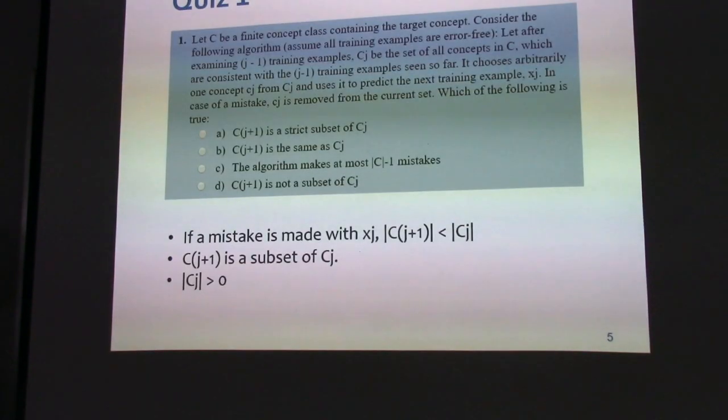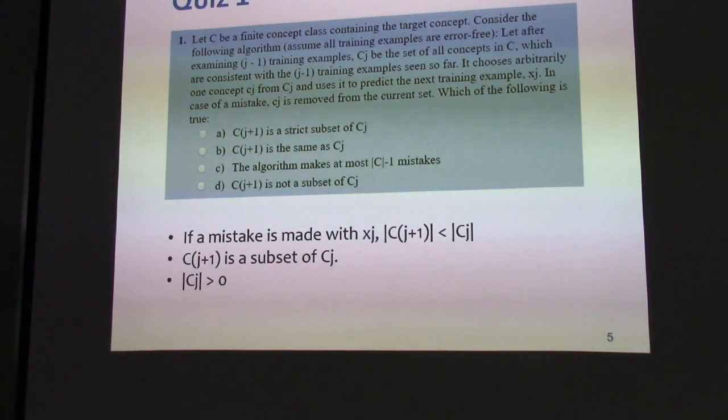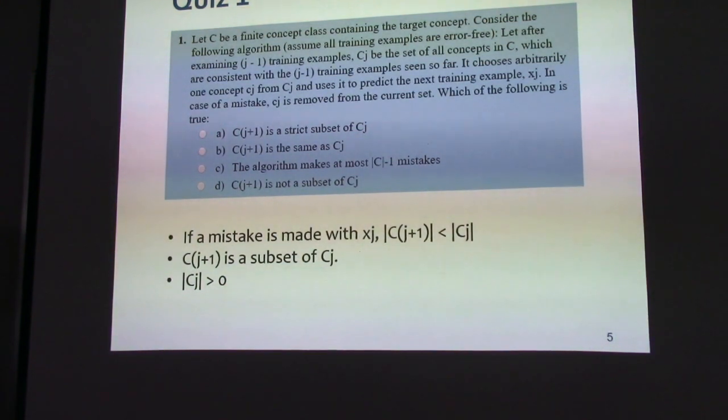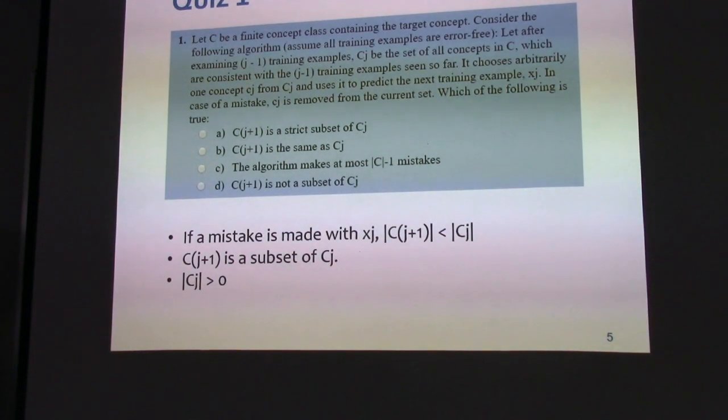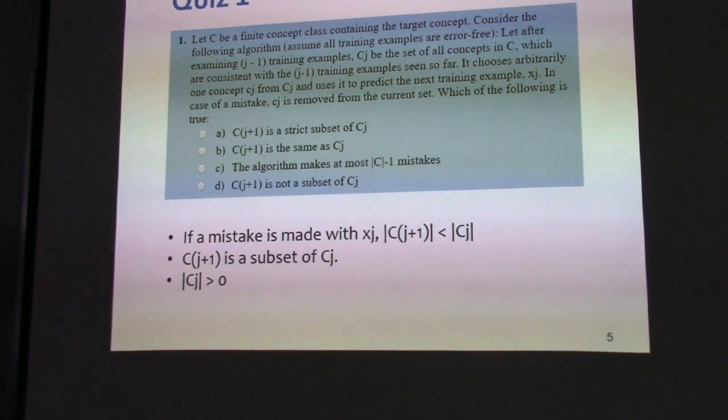And then let's talk about the first part of the midterm review. The first question is related to the concept class. For this kind of question, you just need to know three things. The first is that if a mistake is made, then the size of the concept class should decrease.